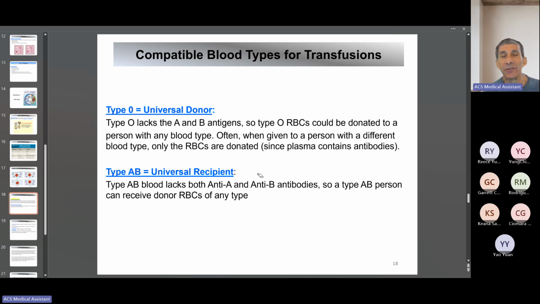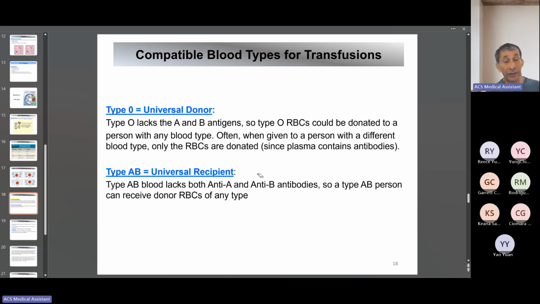AB, which is the universal recipient, can receive from all. I can give blood to anyone, but I cannot receive from all of them, only from all. So if I'm type AB, I can receive from all of them because I'm recipient. I can receive from any type.